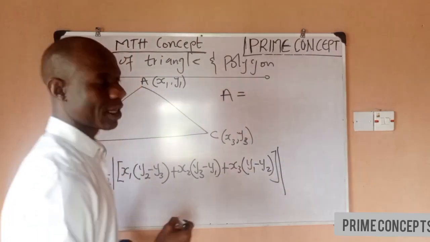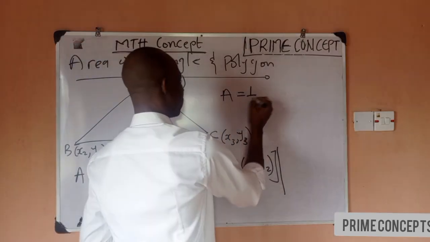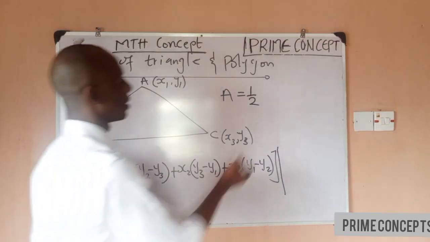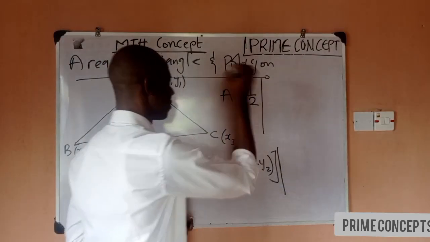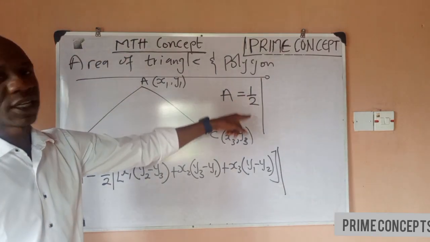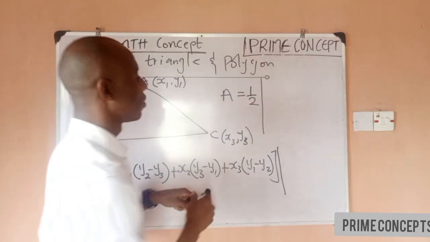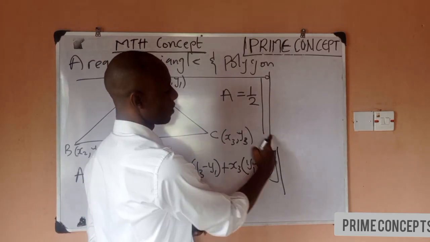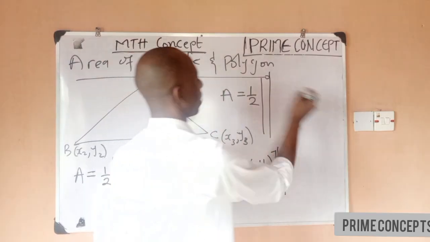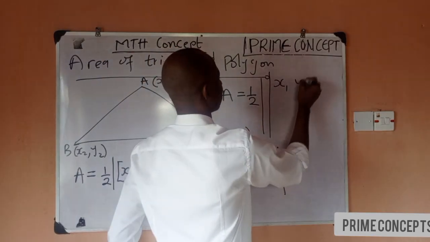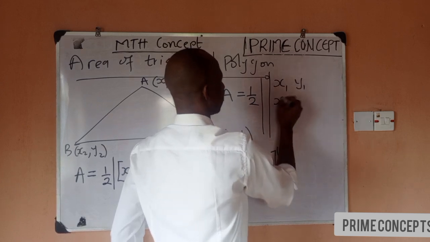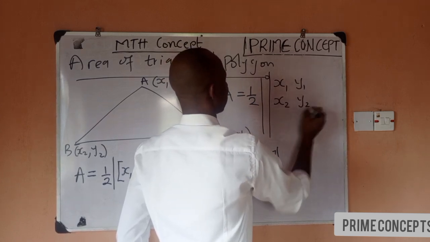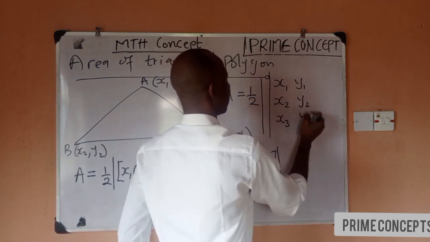So the area of a triangle in matrix form is going to still be 1/2 outside, then the absolute value of the determinant of our matrix: x1, y1, x2, y2, x3, y3.